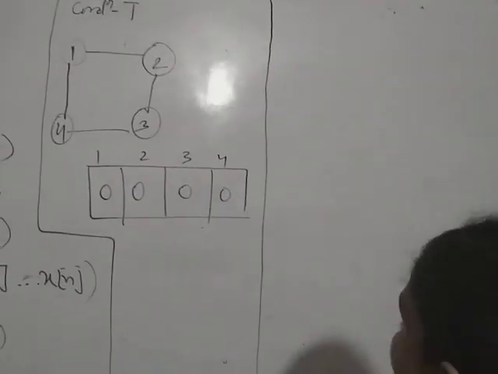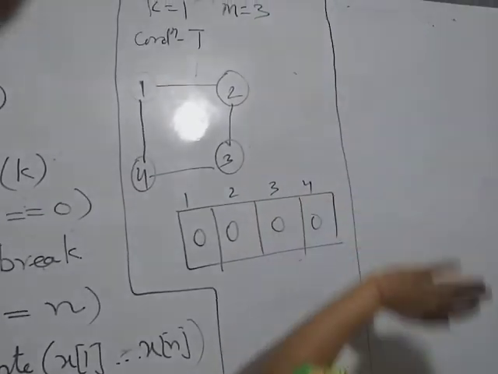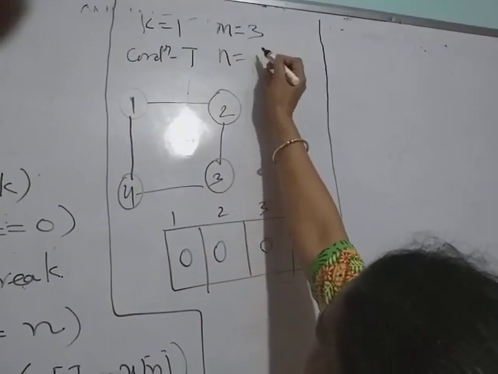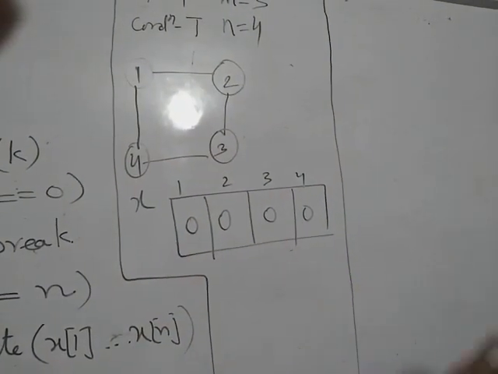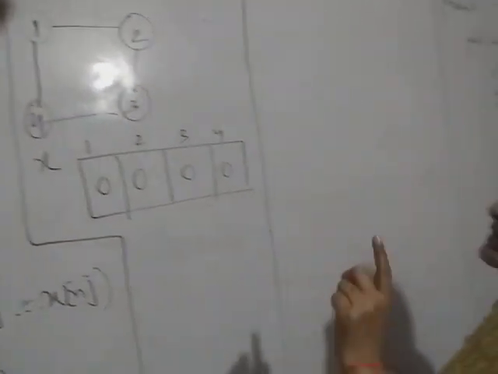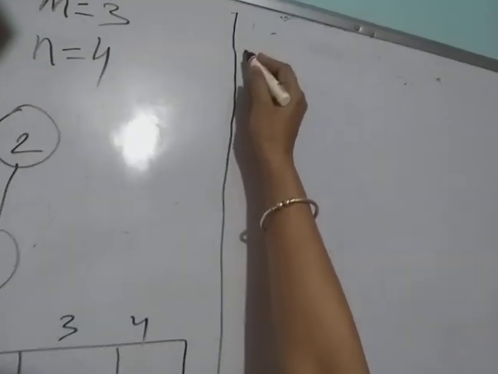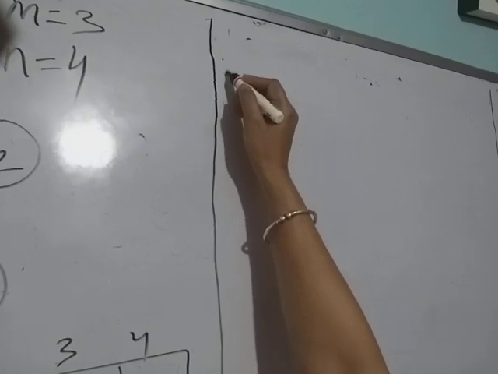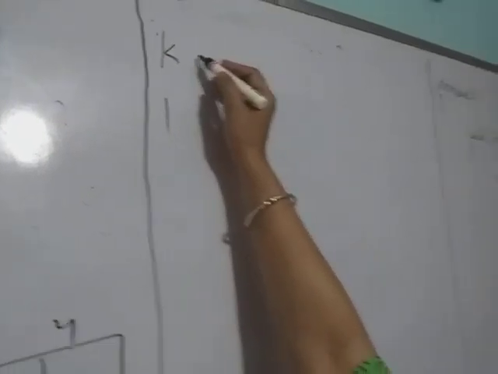So next value 1 is called and the control is transferred here. Now see the working of this function. K is 1. Here I am just dry running it with a table. This condition, while true.